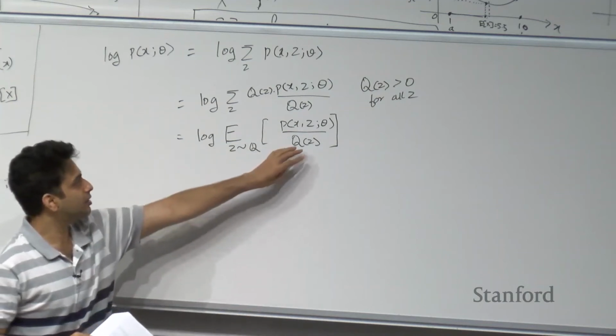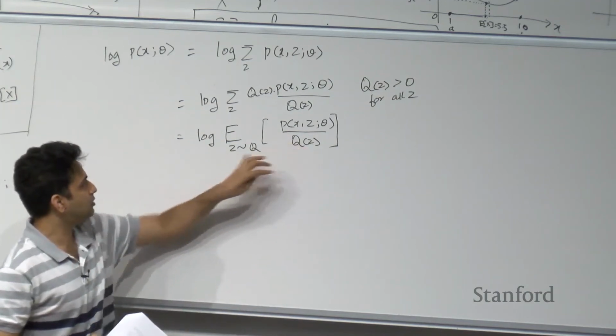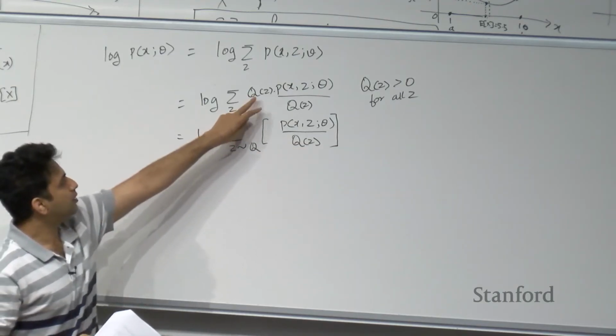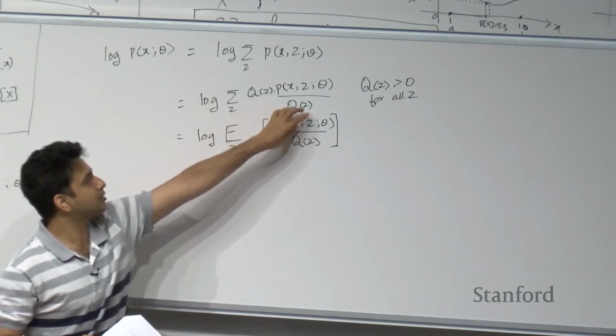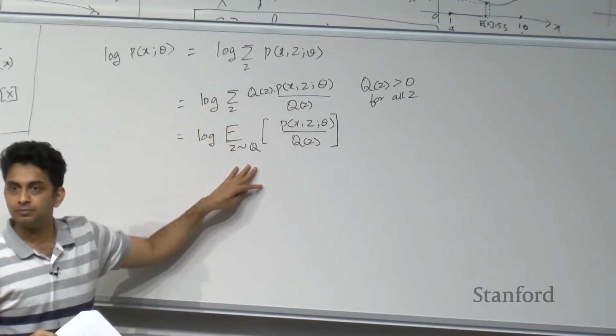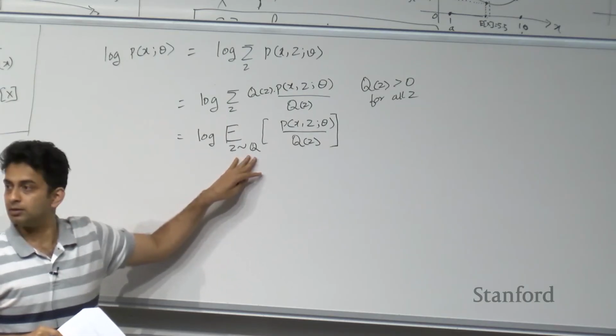This is some function of z, and think of q as the probability, and therefore this is just the expectation. Is this clear? Okay.